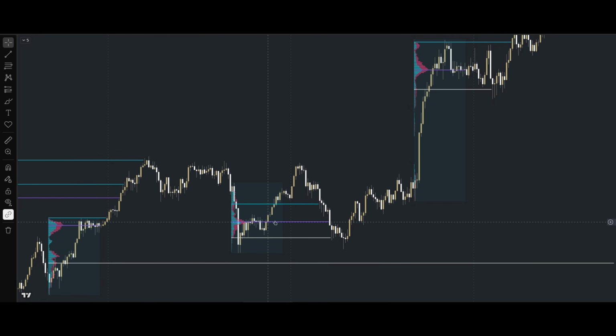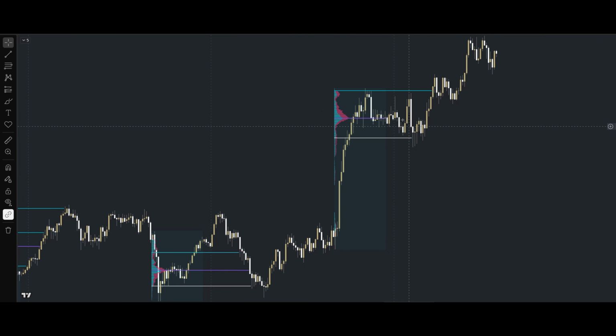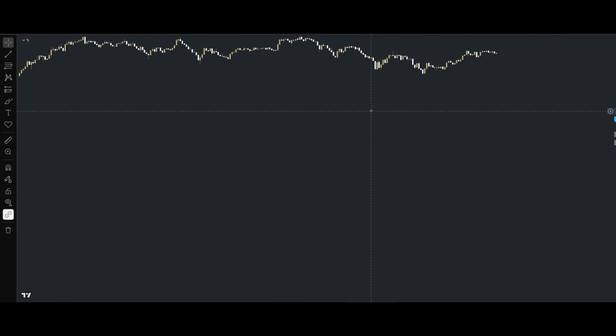Now, when it comes to this day, price came down, still respected it, just a few ticks or pips below it, but overall we're still going bullish. So that lets me know that the idea of a previous day value area low, the concept itself, does hold or has been holding in these past day or 2 days or 3 days, however many days you want to use, right? So this will be the main session that we'll be looking for our trade in.